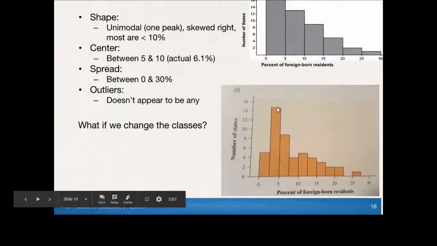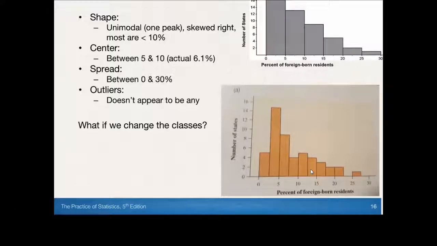It still has one peak, and the center, maybe it's a little easier to look at the areas. I would say the actual is 6.1, but it looks like it's out in here. The spread is the same. There is this gap because there aren't any from 22.5 to 25, and maybe this looks like an outlier now. So it really depends on the classes that you use when you're doing these histograms.